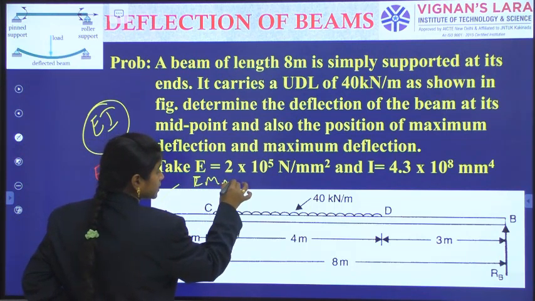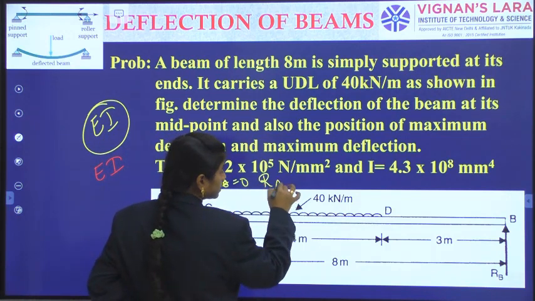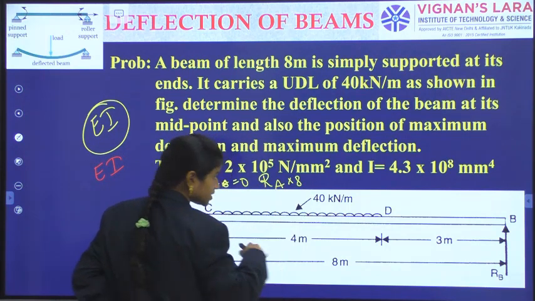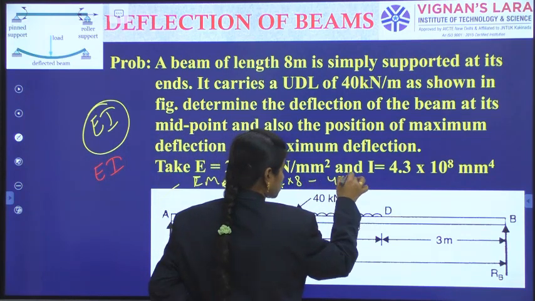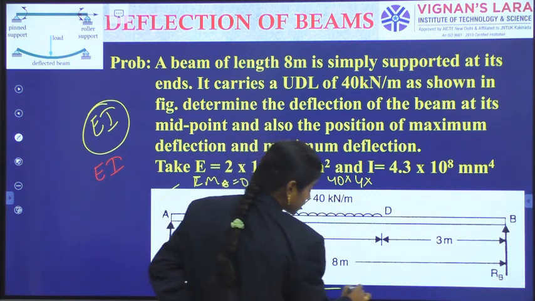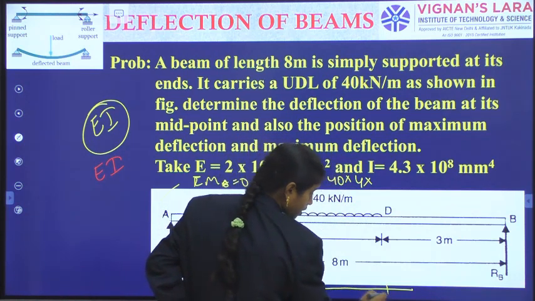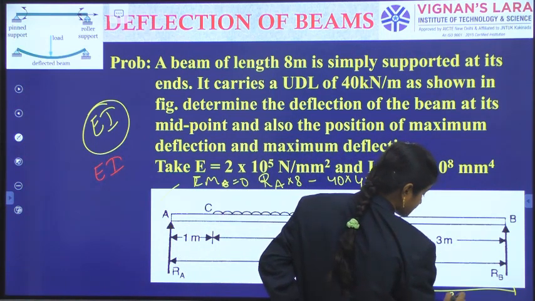Sigma MB is equal to 0. So I have got RA into 8, which is clockwise, and minus 40 into 4 into, with respect to B, it is at how much distance? Up to this is 2 meters, and then this is 3 meters.